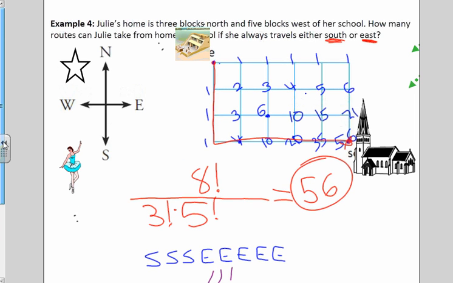So I would encourage you when you have some problems that you feel like, how am I supposed to do this? Try to think of a few different ways. Because how many different ways did we solve this problem? Okay, yeah, there are 56 ways to get there, but how many different ways did we solve it? We solved it 3 different ways, right?